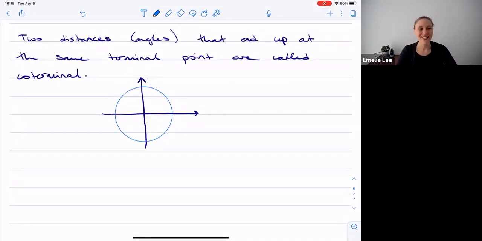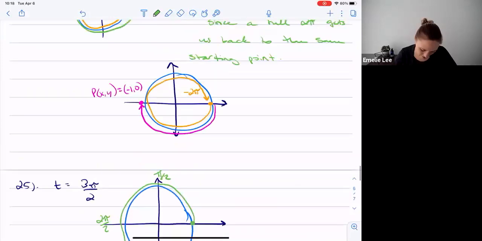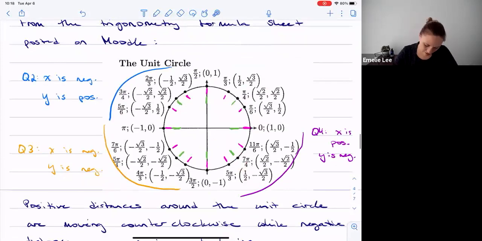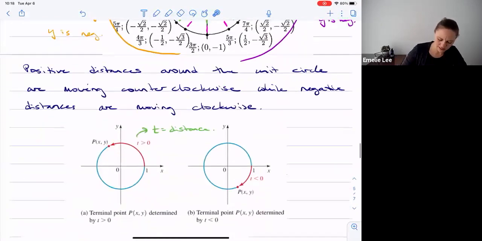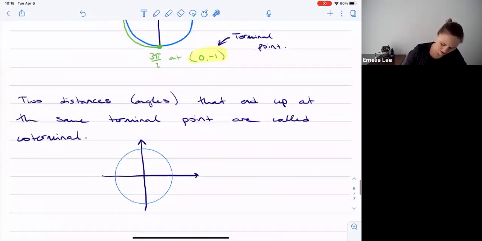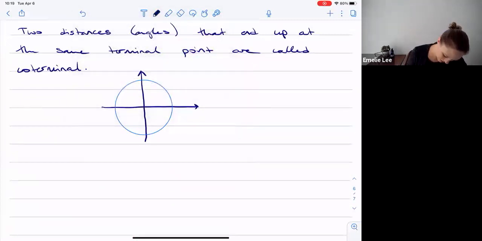So here, if I've got this circle, a distance of 11 pi over 6 in the positive direction ends at the same place as a distance of pi over 6 in the negative direction. And so 11 pi over 6 and negative pi over 6 are what we call coterminal.